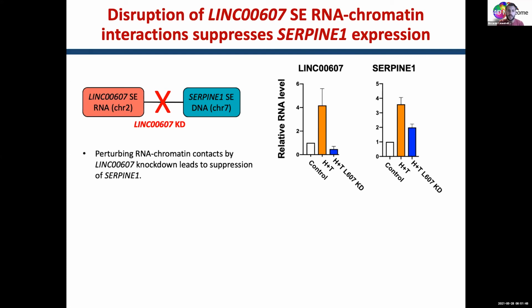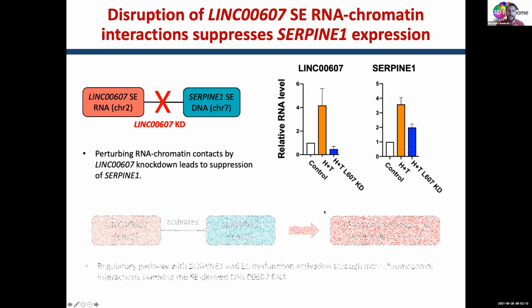As you see from this graph, the knockdown not only reduced the level of LINC00607 here, but also reduced the level of the paired SERPINE1 gene at day 7. The importance of this observation is that SERPINE1 activation is crucial to endothelial dysfunction.